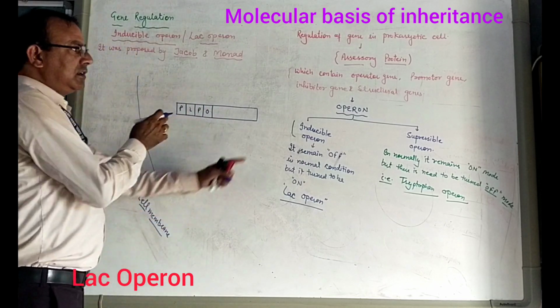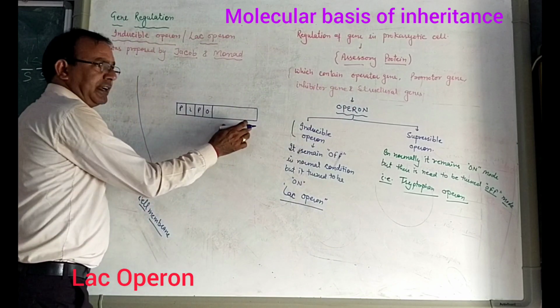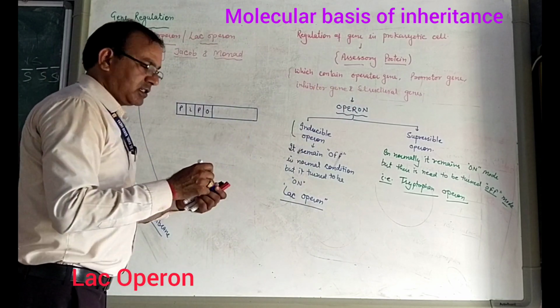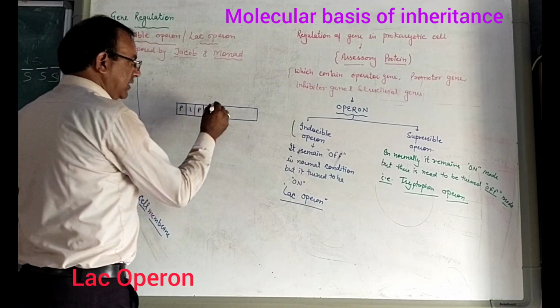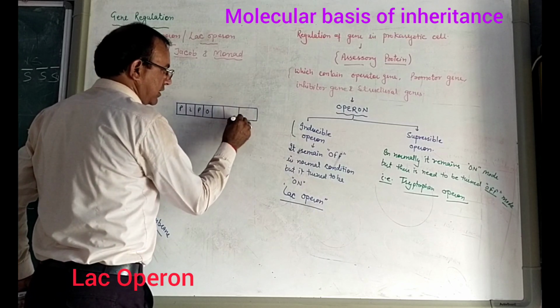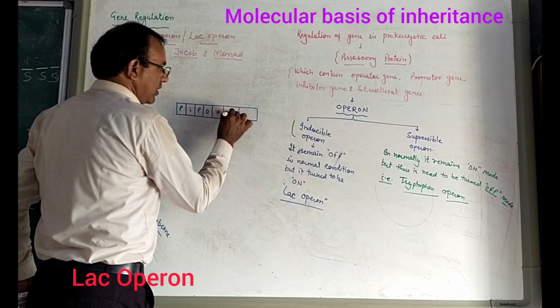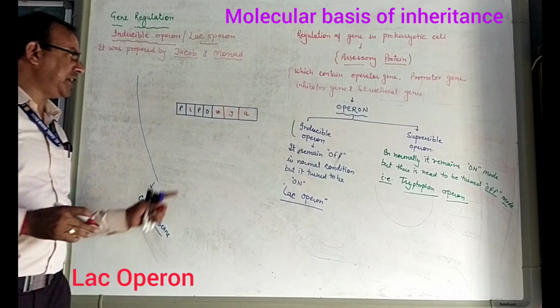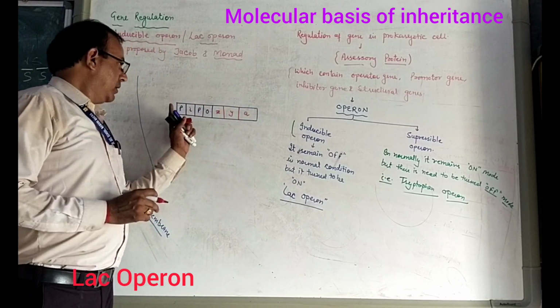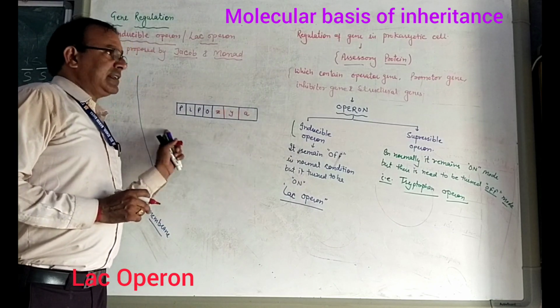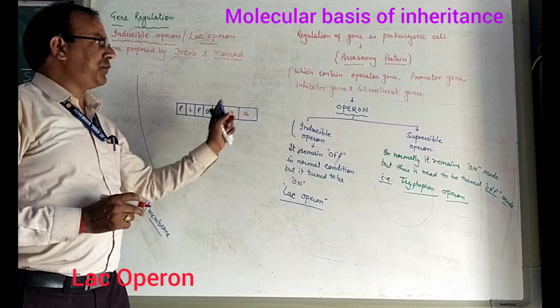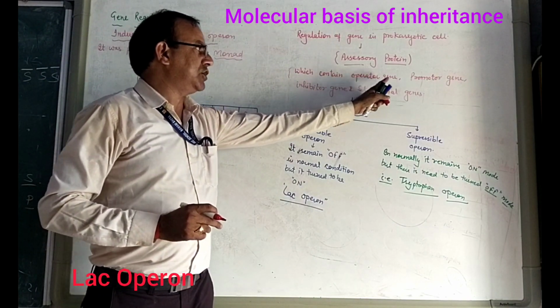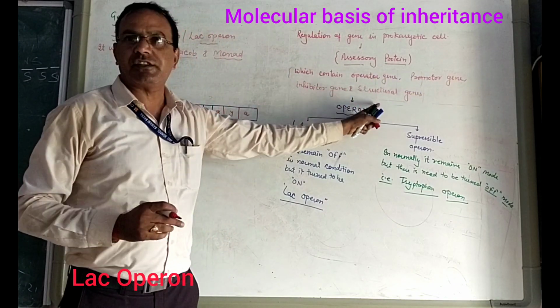The rest is known as the structural genes, and there are three types of structural genes: Z, Y, A. This is the accessory protein which contains different types of gene: operator gene, promoter gene, inhibitor gene, and structural gene.